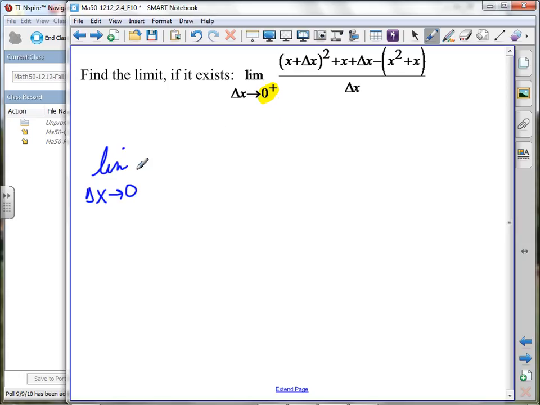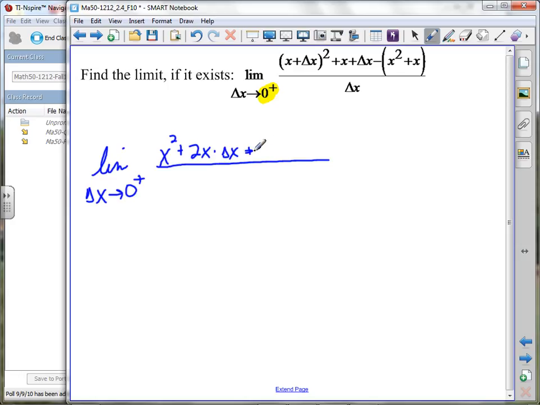So I'm going to work this problem as if it's just equal to 0, or just approaching 0. But I will put this up here. So let's see, we have x squared. I would expect you to be able to multiply out a binomial squared.